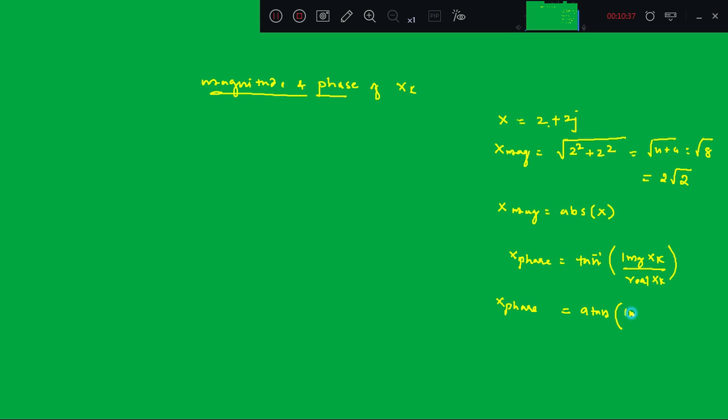The function for imaginary is imag, don't write img. So imag of xk, don't write divided by, you just put a comma here, then real of xk, right. If you divide, then it will give an error. If you simply put a comma here, it is as good as dividing imaginary by real. Then take tan inverse of that, so you will get x phase.